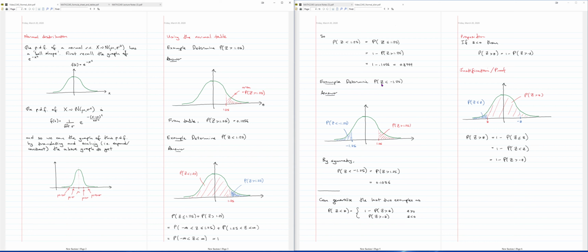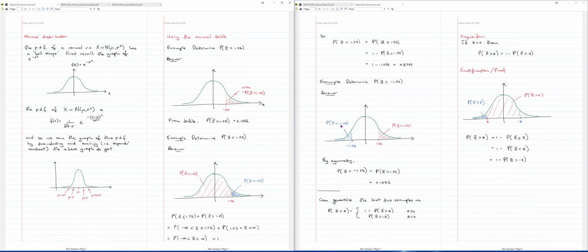And if it's probability z less than something that is negative, then what you're doing now is using the symmetry. Instead of the minus 1.25, you want to take a positive value.